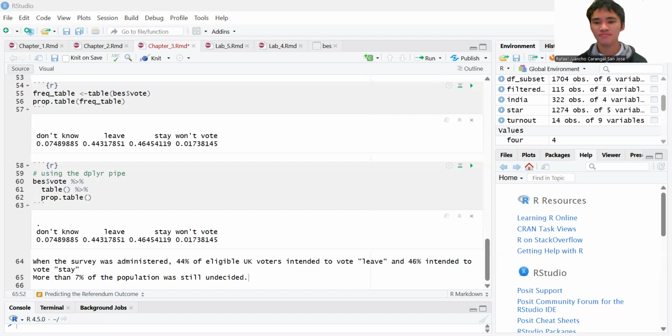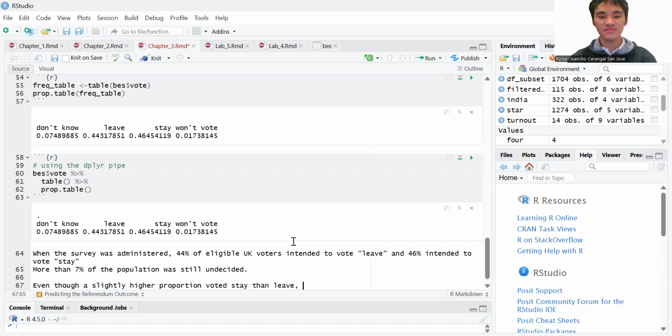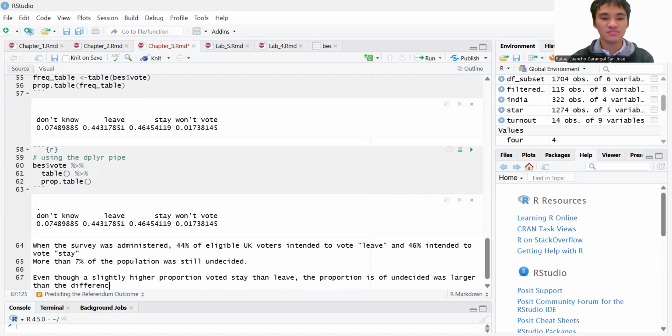So even though a slightly higher proportion of respondents intended to vote stay than leave, the proportion of undecided was larger than the difference.